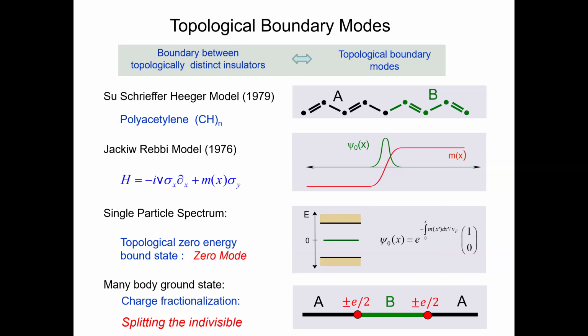But we also know that the difference in charge between those states is exactly e, because to go from the empty to the occupied, we add exactly one electron. So the only pair of numbers that differ by one and are minus each other is plus a half and minus a half. And so that tells us that the charge on this domain wall, depending on whether this zero mode is occupied or not, is going to be plus or minus a half.